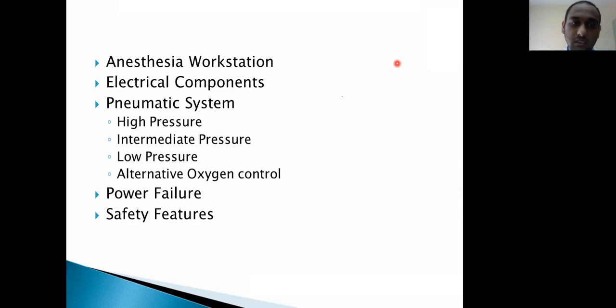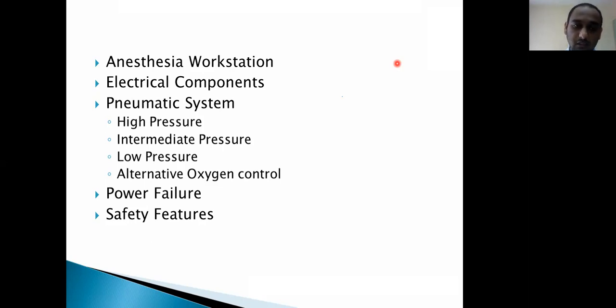So the components include the electrical components, pneumatic system. In the pneumatic system you have the high pressure, intermediate pressure, low pressure, and there is alternative oxygen source or alternative oxygen control. And then you have power failure and the backup that the machine provides, and the numerous safety features that have evolved as the machine has been used over so many years.